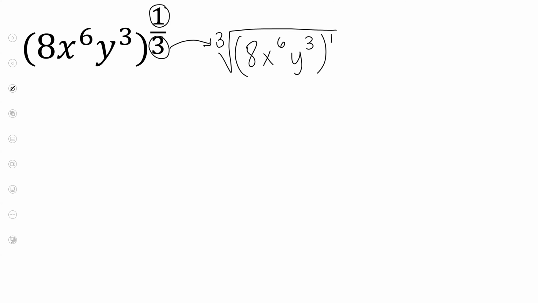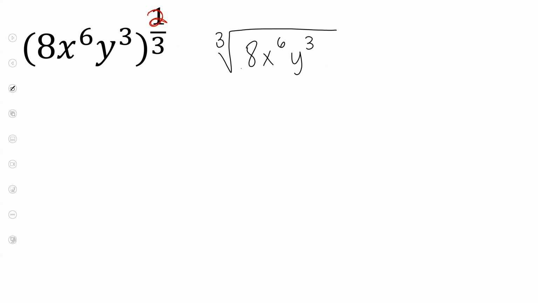The denominator of your exponent is your root. All right, so this is how we rewrote this. Do I have to write the 1 right here? No, I don't. Let's just pretend they gave us a 2 right here.